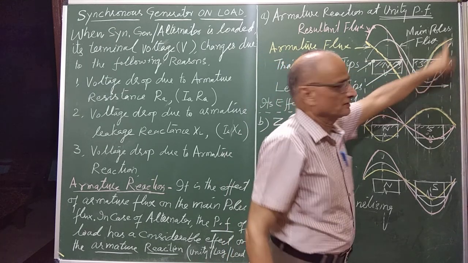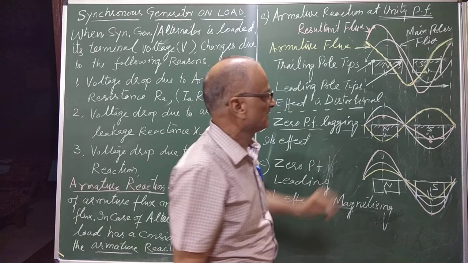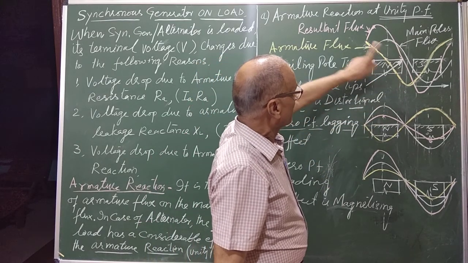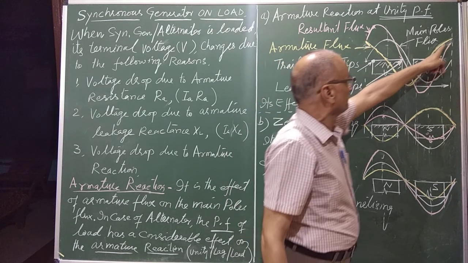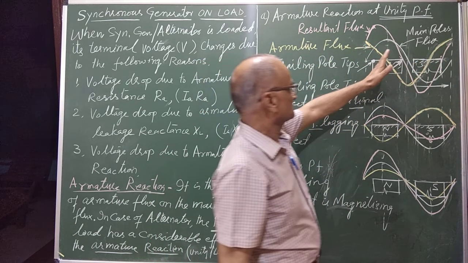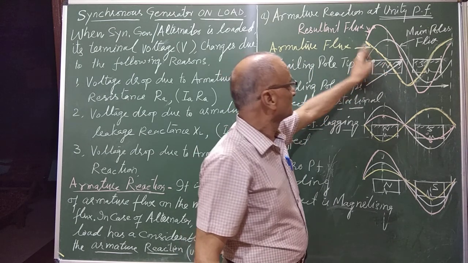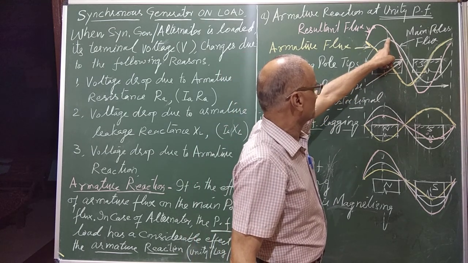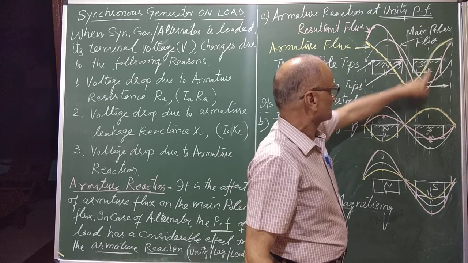This is the waveform of the main pole's flux, meaning the magnet's flux. And this blue color is the armature flux. So armature flux is 90 degrees behind the main pole's flux. So when this is 0, this is maximum, this is negative maximum, this is 0.